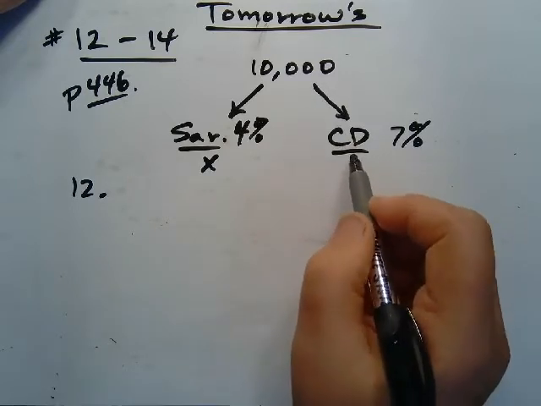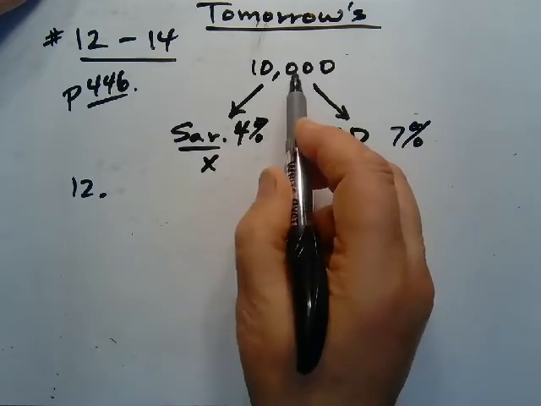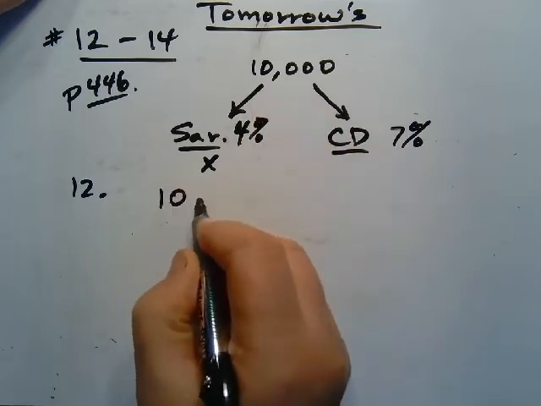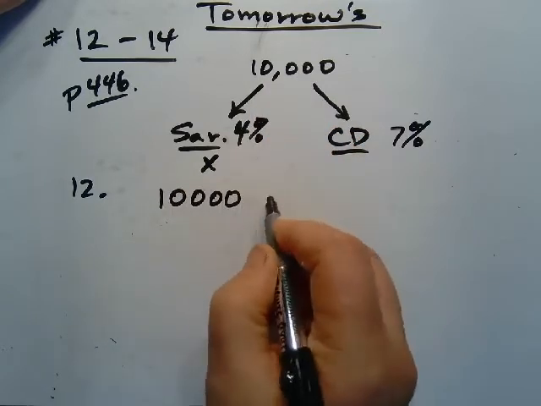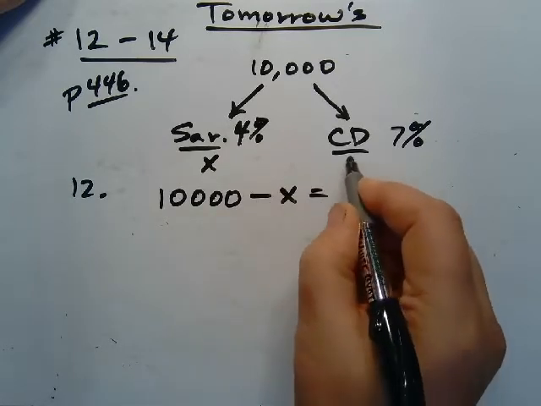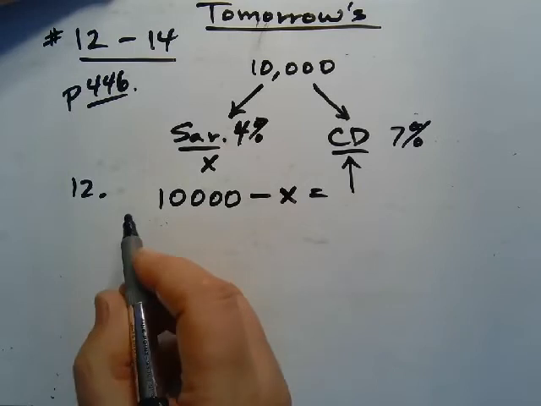Well, that means that the CD plus the savings account has to give her $10,000. But if we think backwards, that would have to be $10,000 total and take away the savings account, and that would give me the CD. Isn't that right? So there's the answer for number 12.